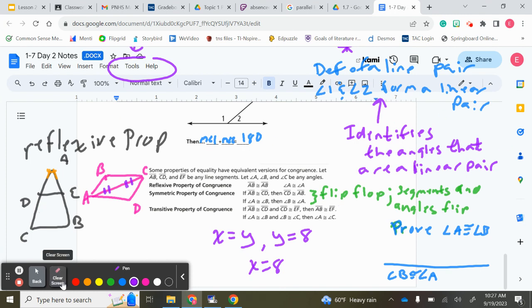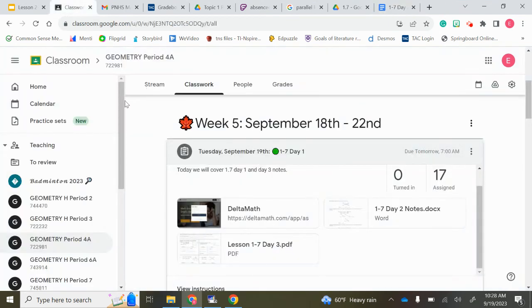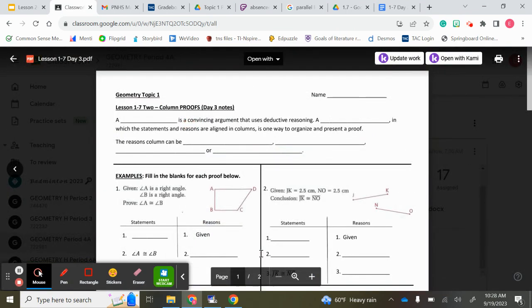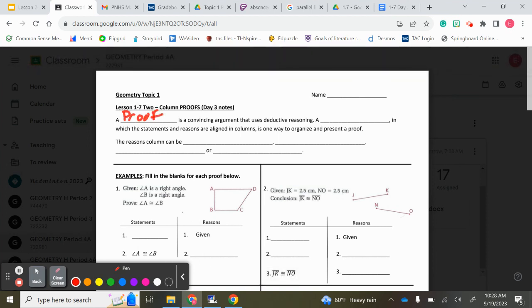All right. If there are no questions on this, take out the next worksheet where it says lesson 1-7, 2-column proofs. And we're going to get into applying this a little bit. All right, so this says a proof is a convincing argument that uses deductive reasoning.